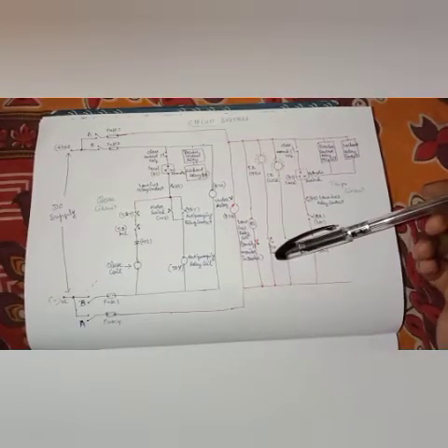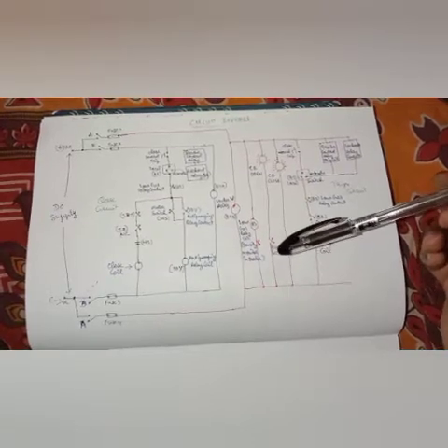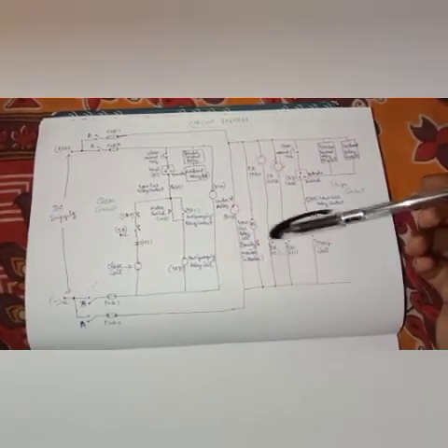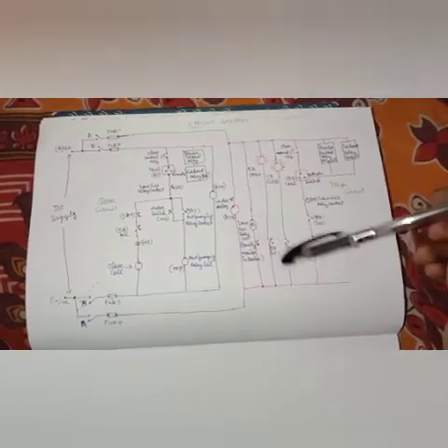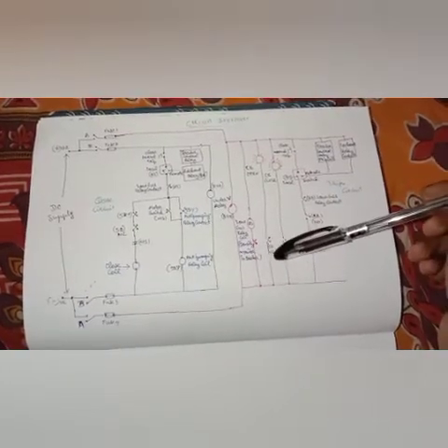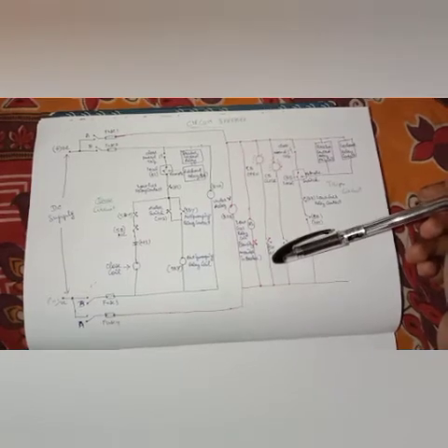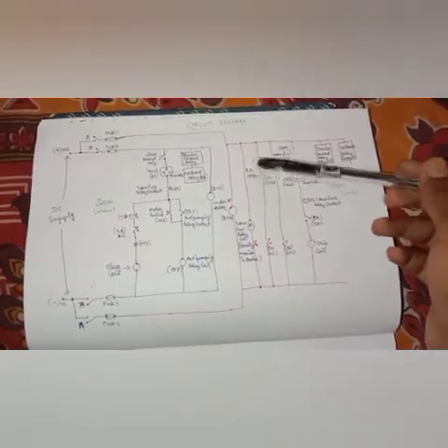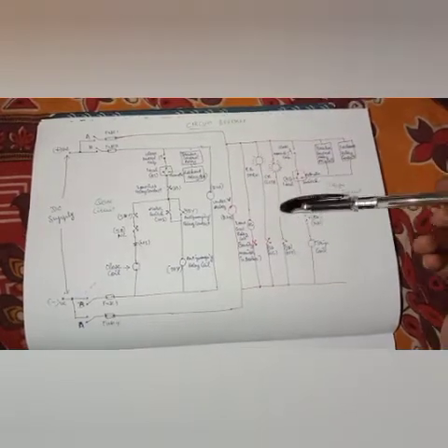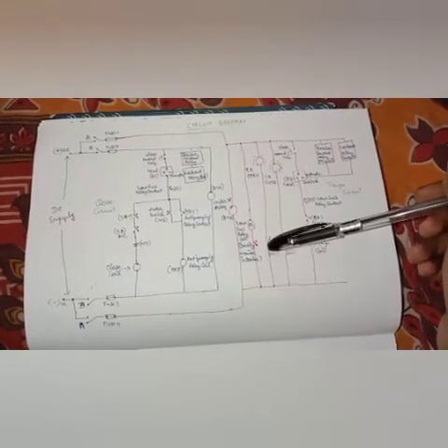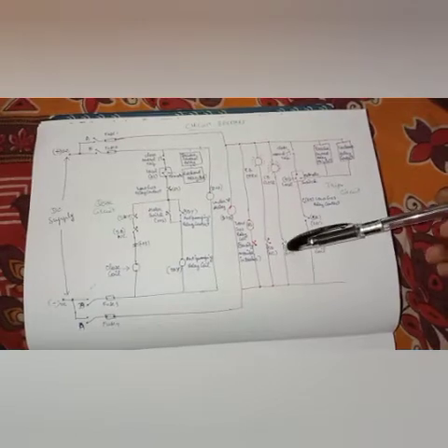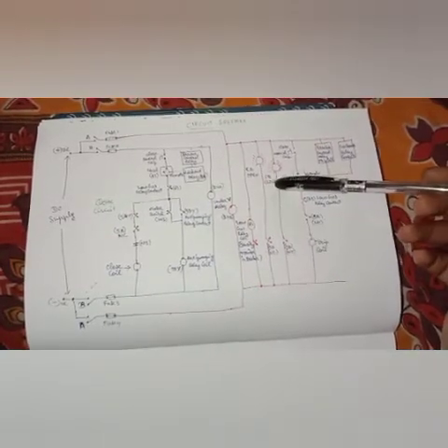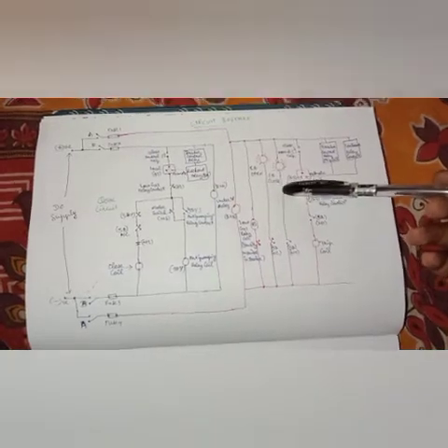Here the NC, in the sense breaker normally open. Whenever the breaker is in open condition, this NC will be in a closed condition, which means the contacts will be in a closed condition. So the breaker open indication will glow. Whenever the breaker gets closed, this NC will get changed to NO, and the NO will get closed. So the breaker closed condition can be shown by that.